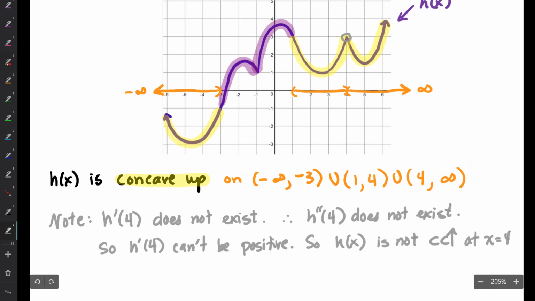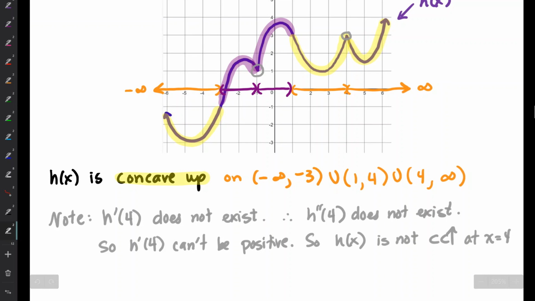Now concave down, I see that my function is concave down from -3 to -1, and then -1 to 1. And for the same reason, we're not going to say that we're concave down right there at -1, because the first derivative doesn't exist, so the second derivative doesn't exist, so the second derivative can't be negative, right?